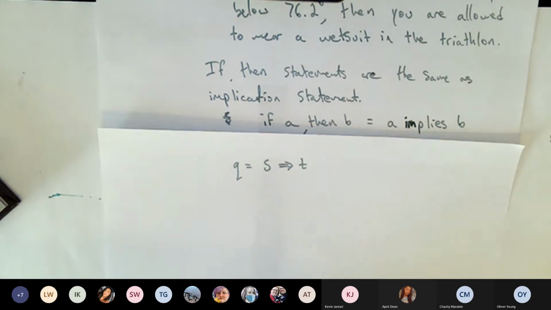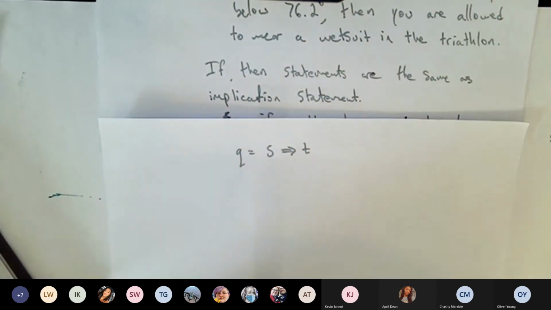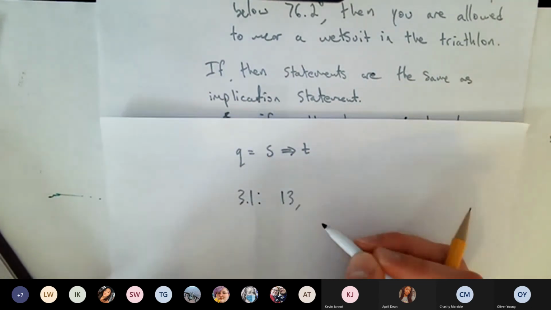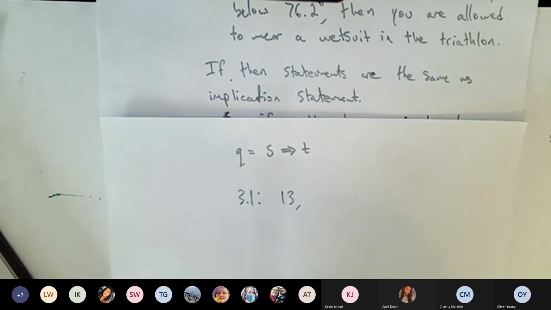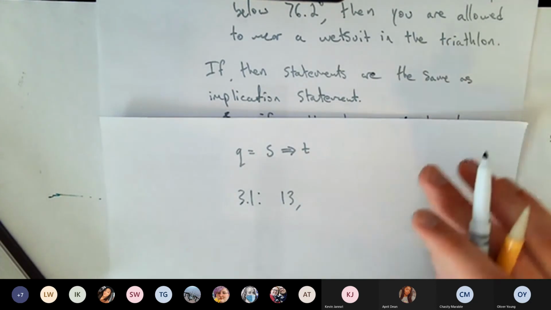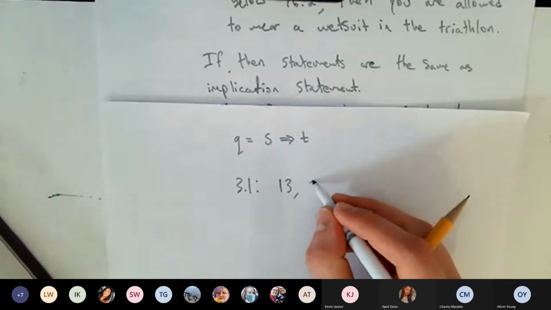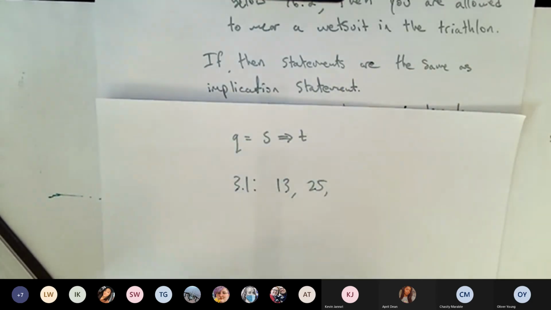Let me give you some problems to look at, which I need to actually find. Let's say number 13. So let me write 3.1. These are just problems to mark for review. Let's say 13. Honestly, this section is important, but really it's kind of building up to the next two, so I'm not going to give you a lot here. I just want to make sure you know how to negate things. So let's say 13, 25.